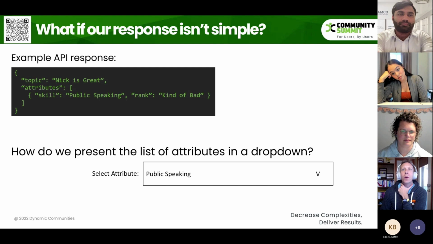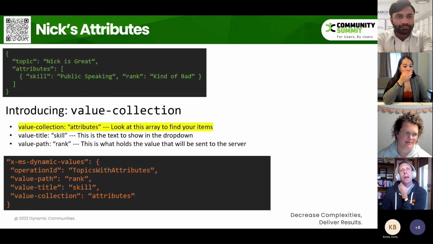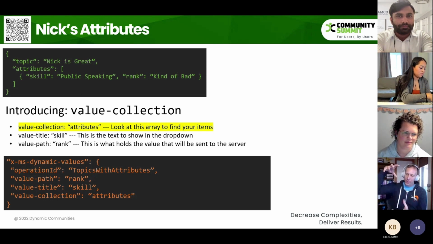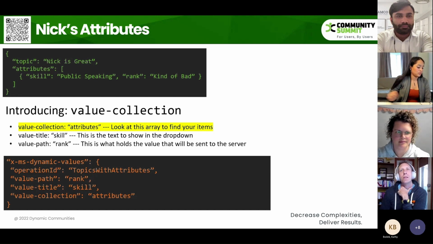So here we want to say we're going to use the skill as the human readable part, and then for the machine readable part, we're going to say Nick is kind of bad at public speaking. So in order to do this, we're going to use this value collection. So that means that when your API response is coming back, and it's not just a simple array, like a simple list of items, you can actually look a little bit further down and get this nested item.